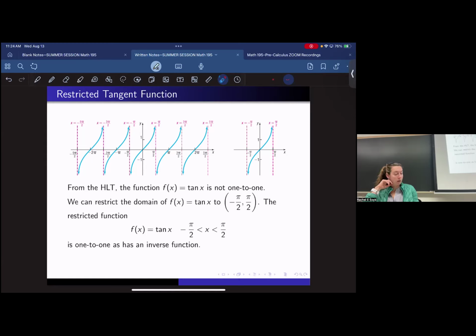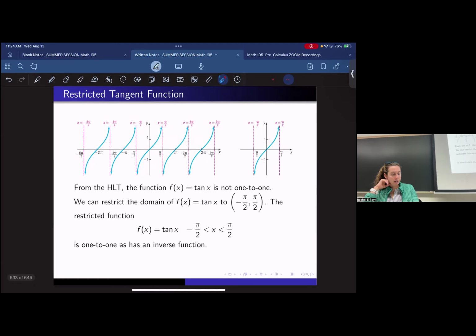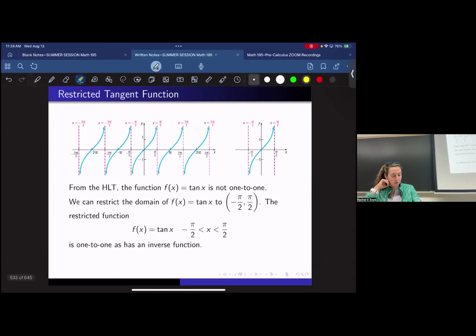And so I should say, let's hone in on maybe this first one here, our negative pi over 2 to pi over 2. And so every pi gives you our period for our tangent of x.